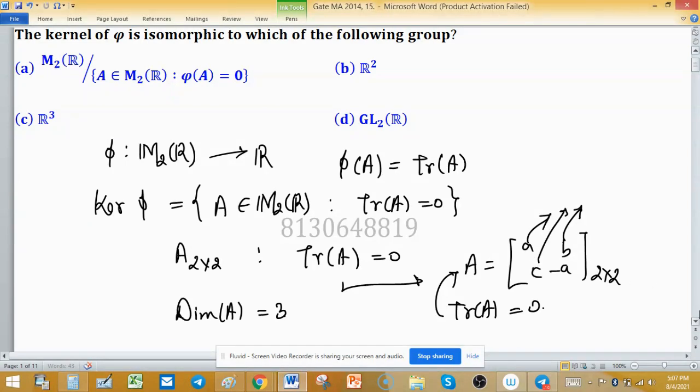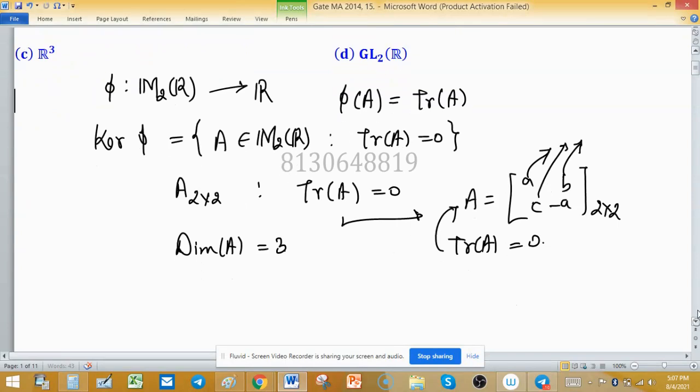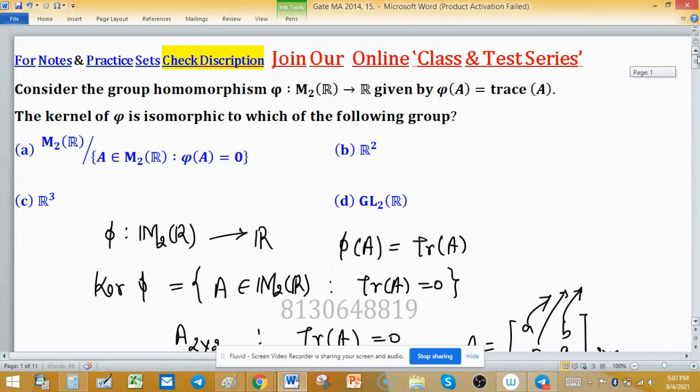So there are three independent entries, and the dimension of kernel phi is 3. So which given group has dimension 3? If it is isomorphic, then its dimension will be the same. We know R3 has dimension 3, because the dimension of R3 over R is 3. So option C is correct.